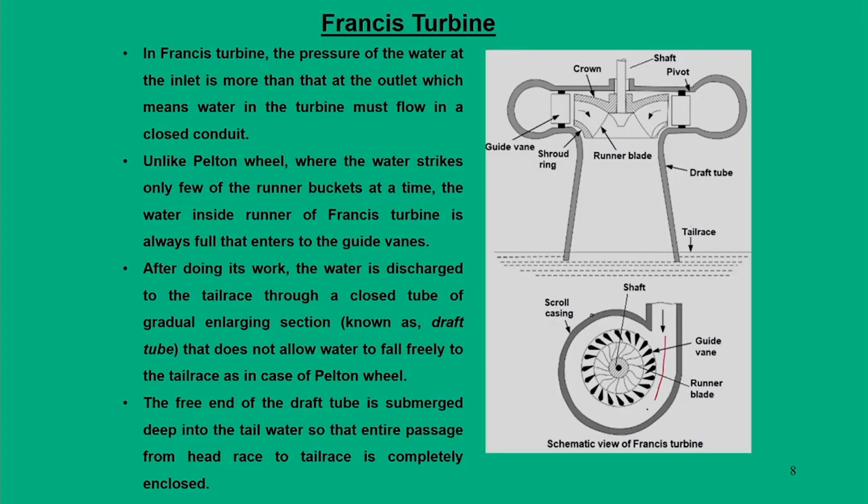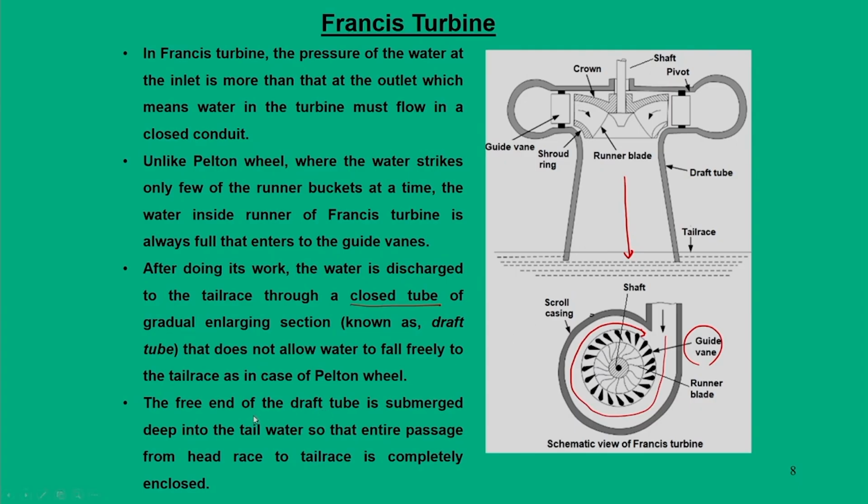But in a Francis turbine, all the guide vanes of this runner are exposed to the complete slug of water, and we say that it is a pressure regulated device, and entire things happen in a closed tube before it is discharged to the tail race. So, this is the basic difference between the Pelton wheel and the Francis turbine.